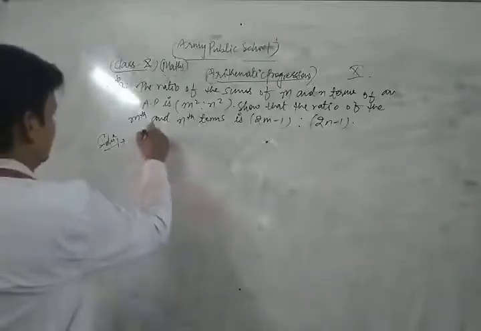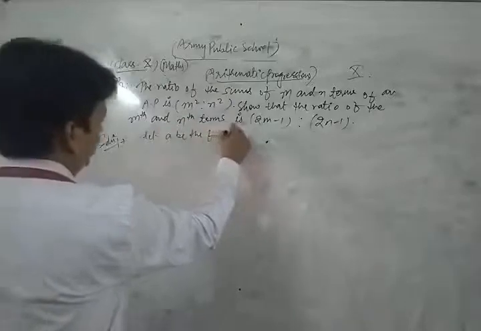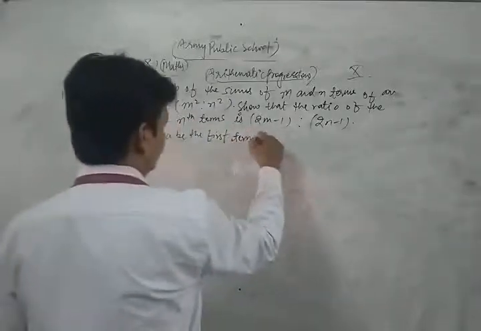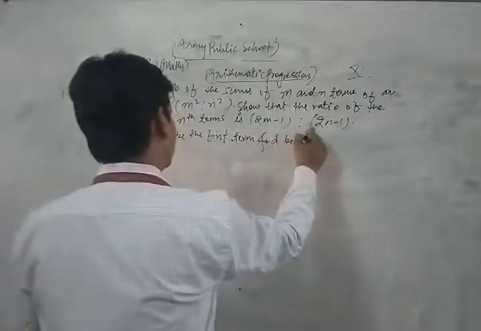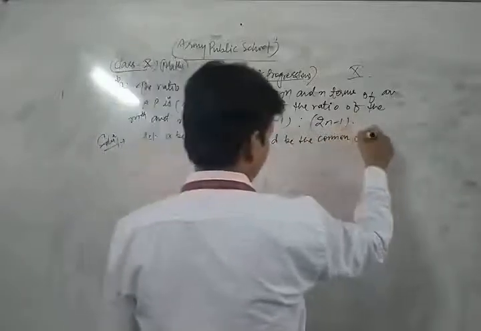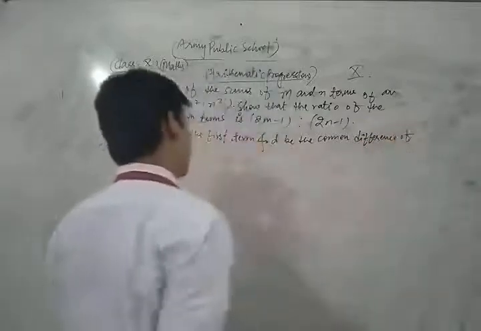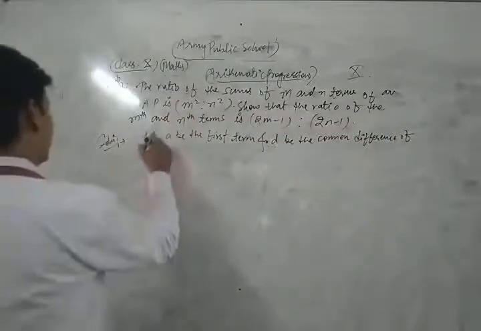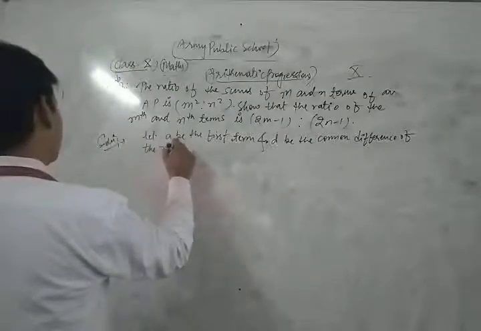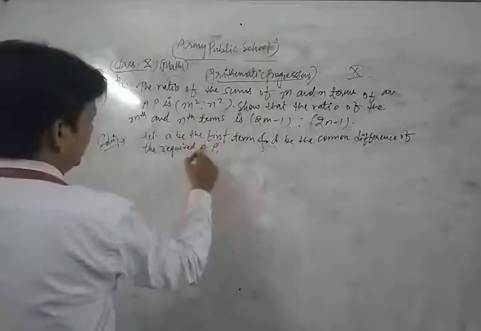Here let A be the first term and D be the common difference of the required AP.